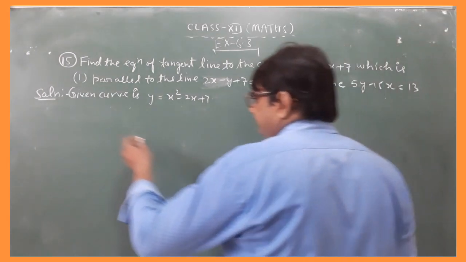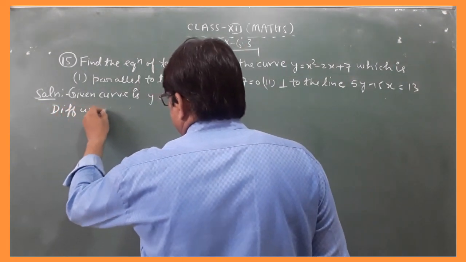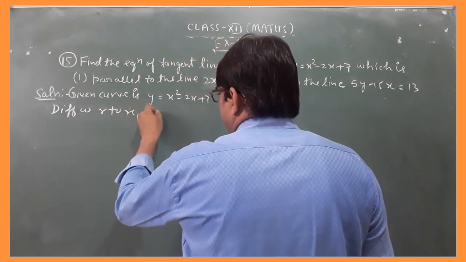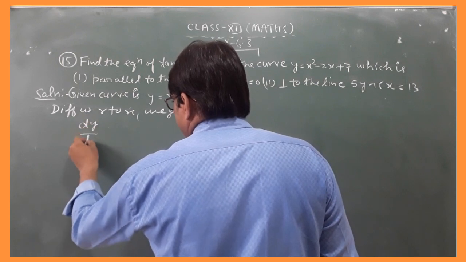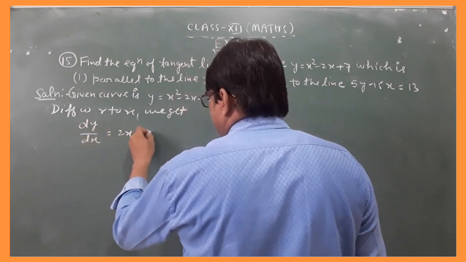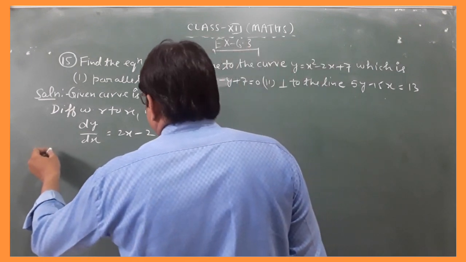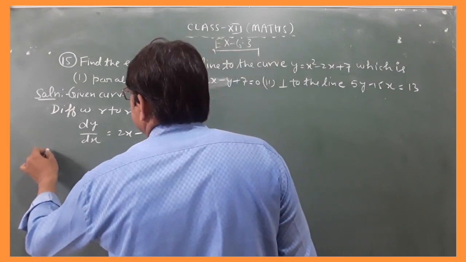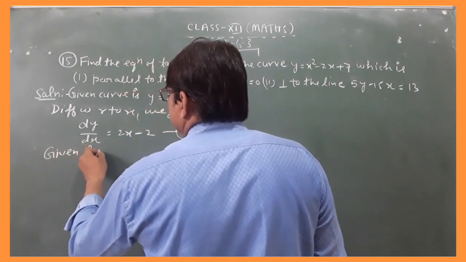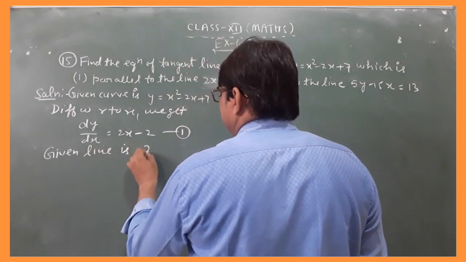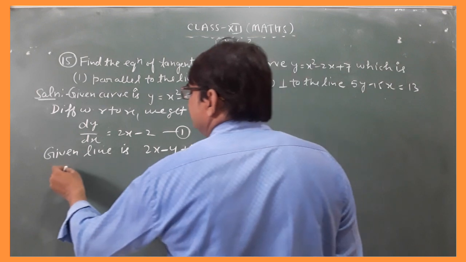Given curve is this. Differentiating with respect to x we get dy by dx is equal to 2x minus 2. This is equation number first. And the given line is 2x minus y plus 7 is equal to 0.